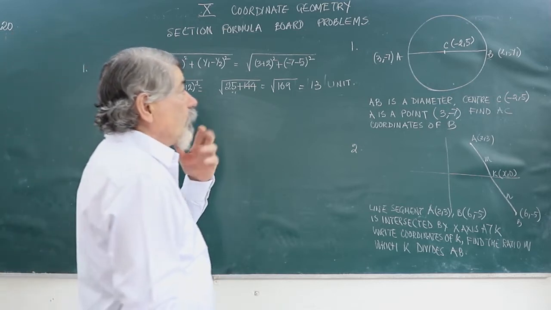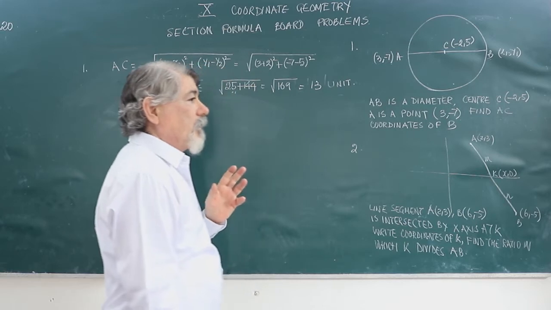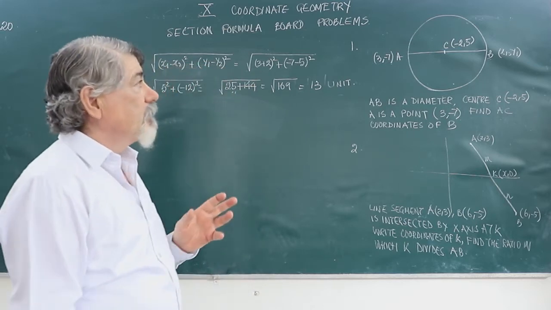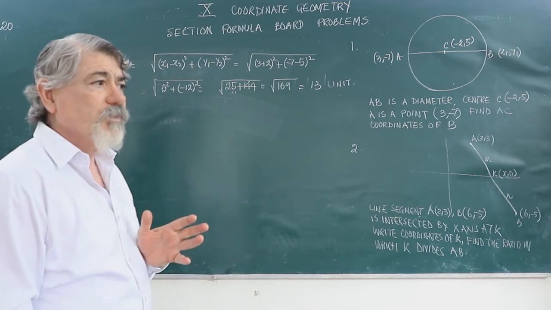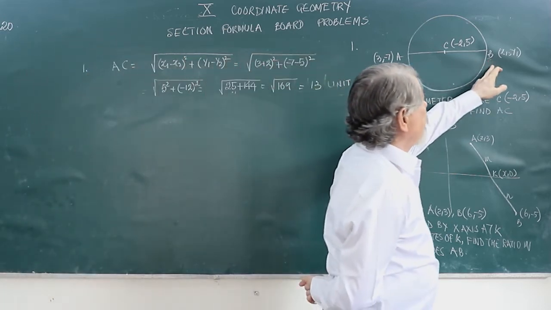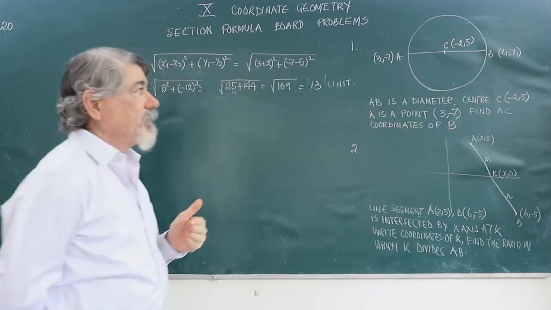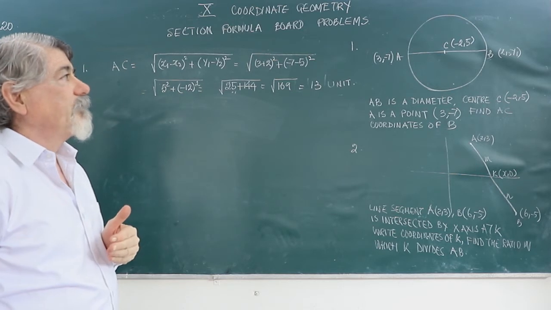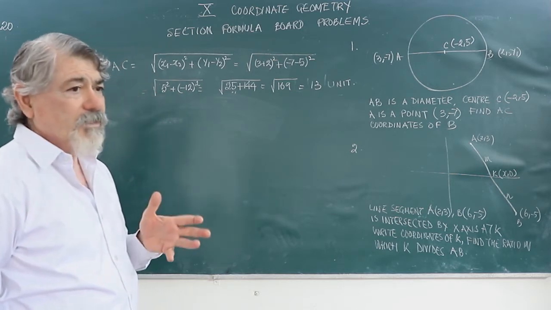Now the question is, he's asking you the other end B. You know what the diameter is? Diameter is the biggest chord of the circle. It is the chord which passes through the center of the circle. A and B are the two ends, and it will always pass through the center, because that is how AB becomes the longest chord.